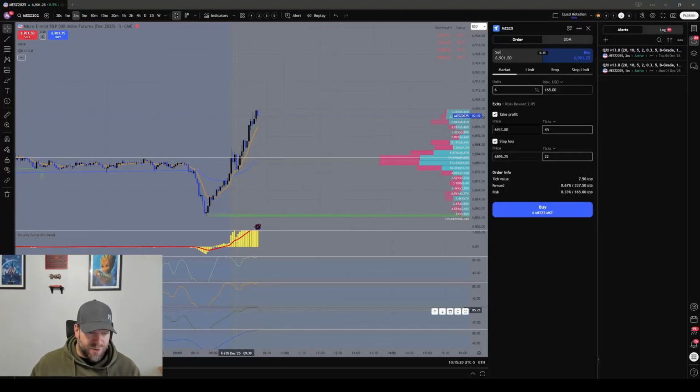As you can see, we were overbought here on this slow stochastic, almost overbought on this stochastic, and this one was coming back down into a more normal range. So again, just not quite enough of a pullback after the first 15 minutes of the New York Open, which is what I try to restrict myself to, those first 15 minutes before I'm looking for a trade.